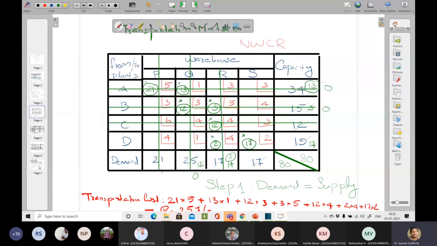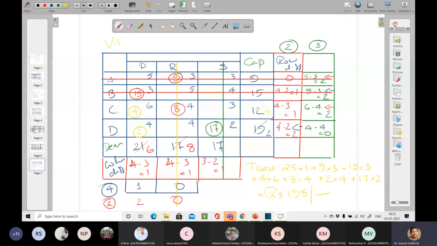So this is how the VAM iteration continues. I have tried to solve it from one table itself. If you feel that this is discomfort, in every iteration you can draw new tables and try to solve. Any doubts or anything not clear, we will discuss.